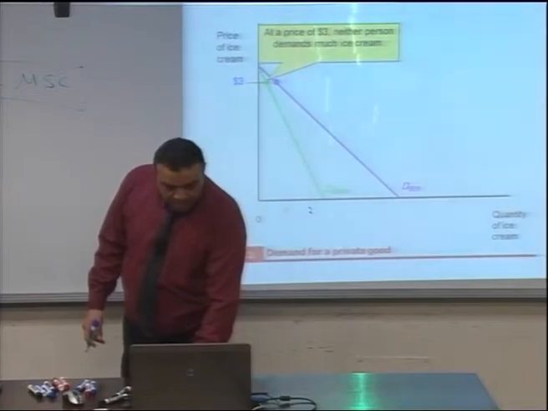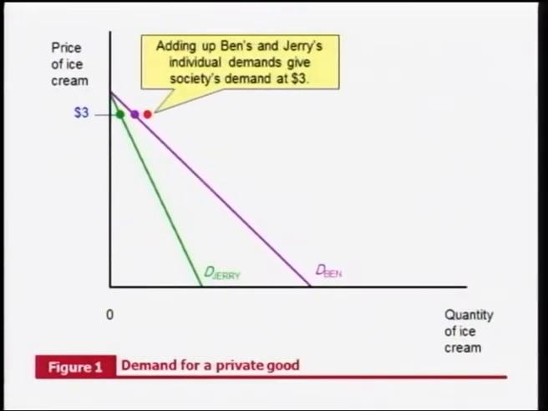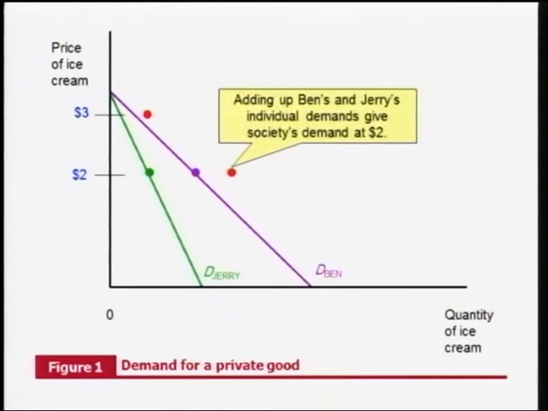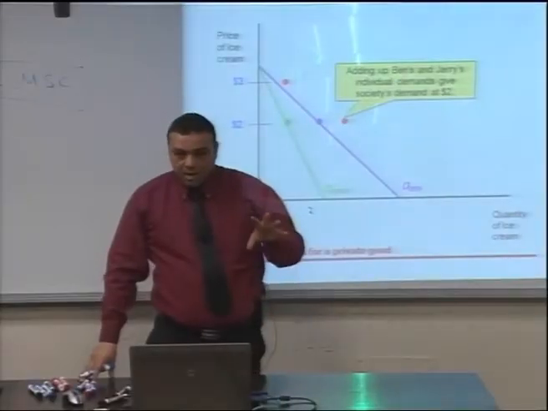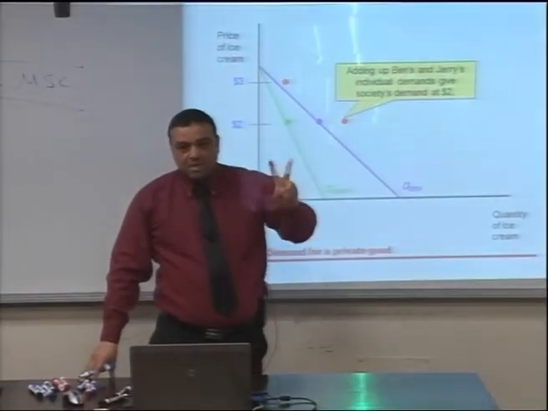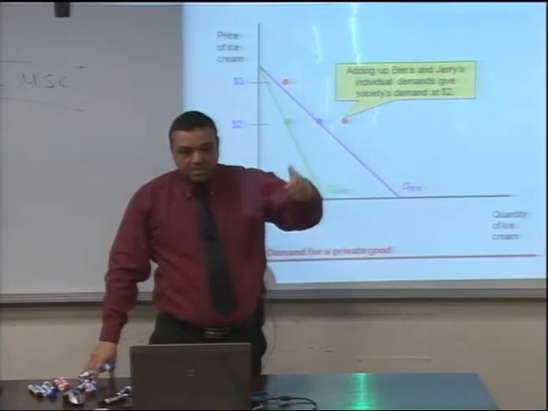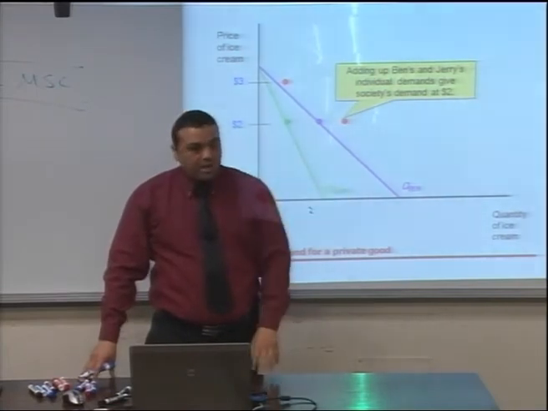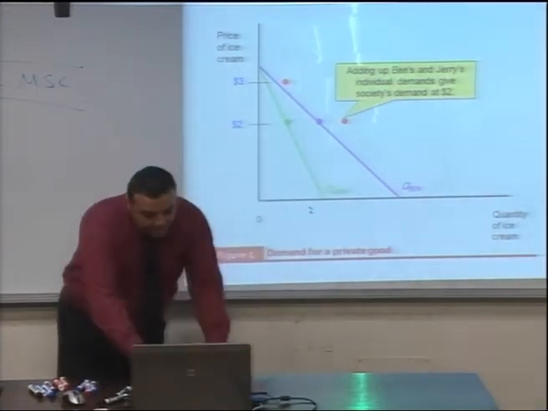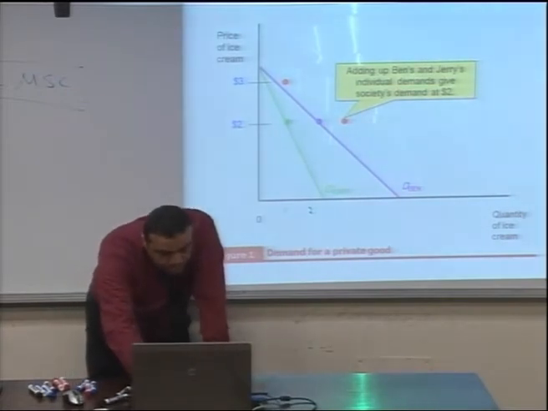Now we are going to derive the demand curve for the community. Under the simple economy here, we assume that we have only 2 persons, Ben and Jerry. And we are going to derive the demand curve for both.